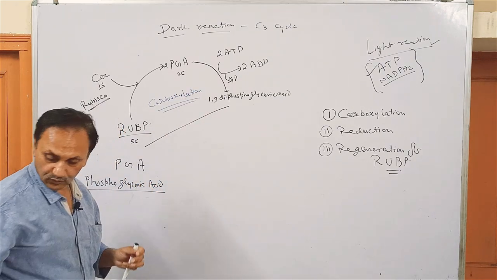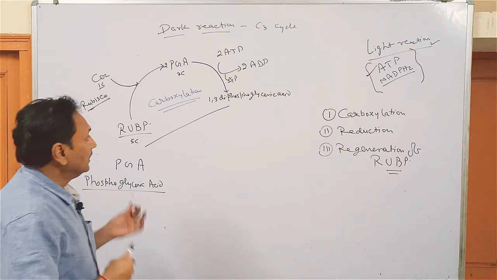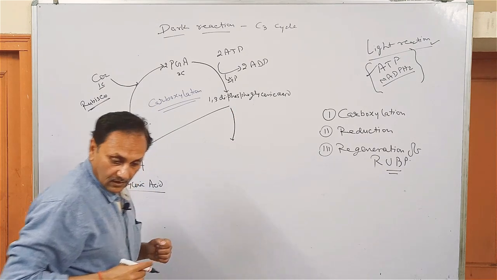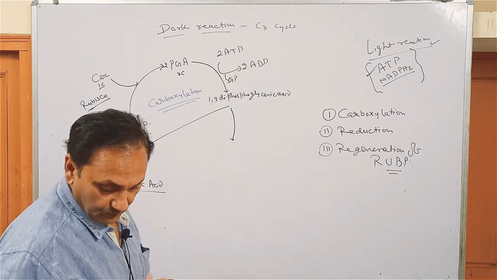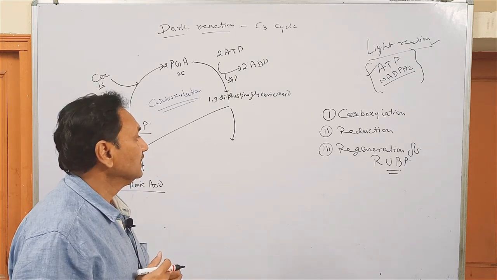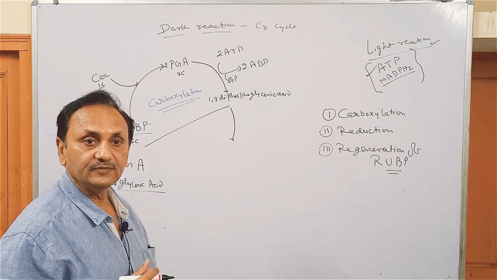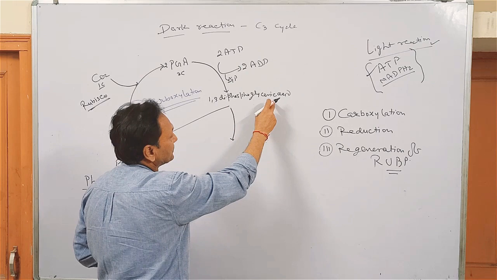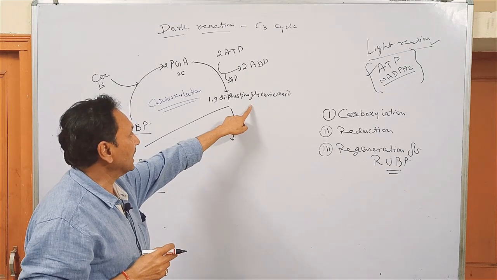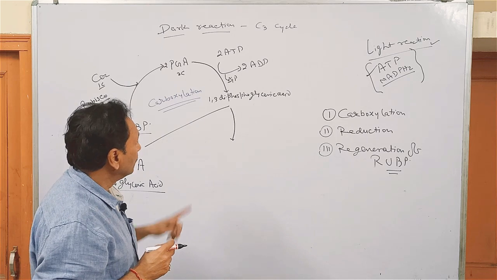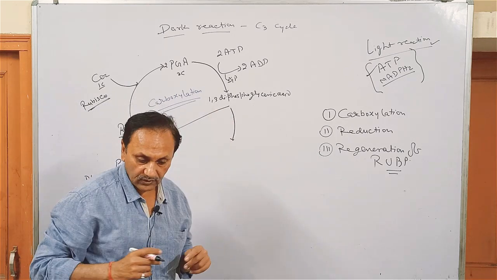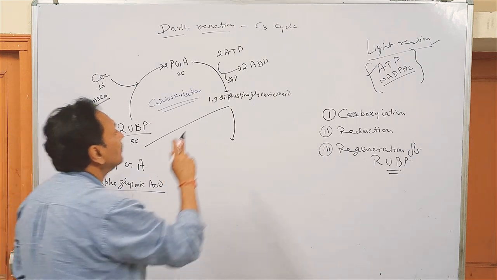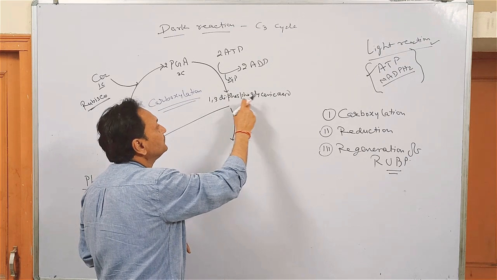Now, come to the reduction. As you know, when acids convert into aldehyde, then we can say that reduction has taken place. What happens here? The 1,3-diphosphoglyceric acid, after releasing 1 molecule of inorganic phosphate, converts into a one-phosphate containing substance.